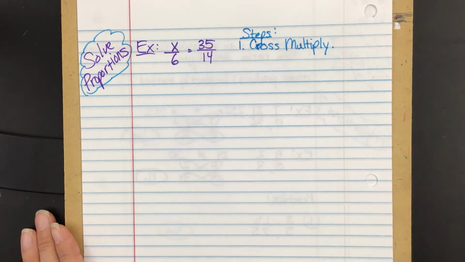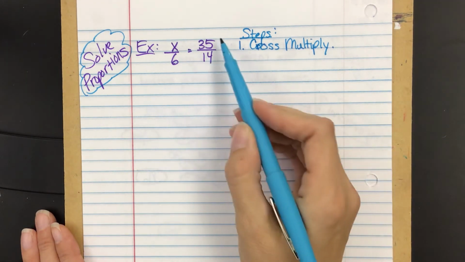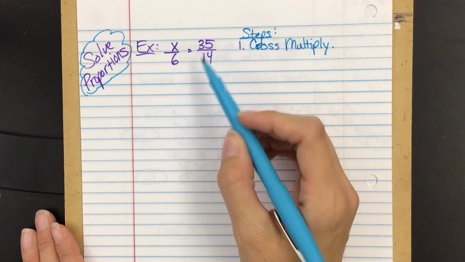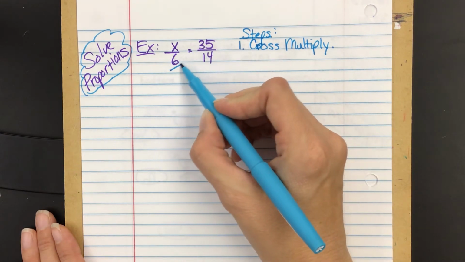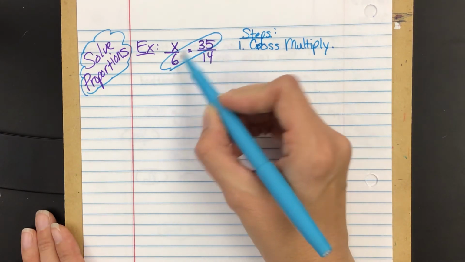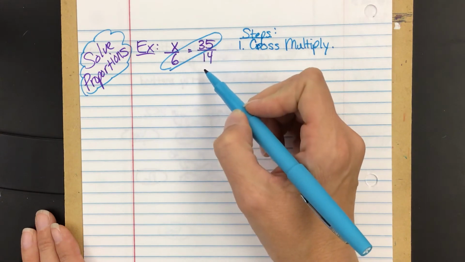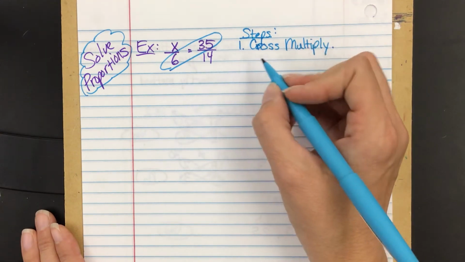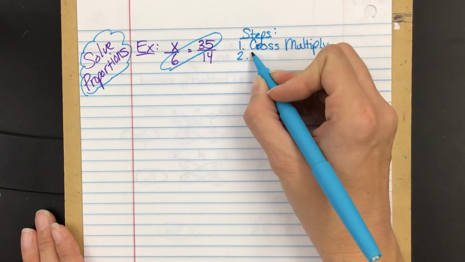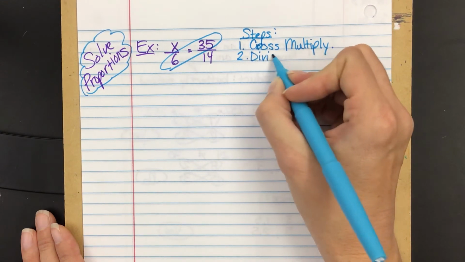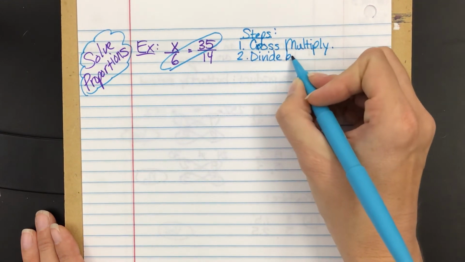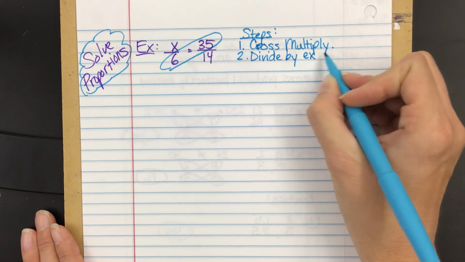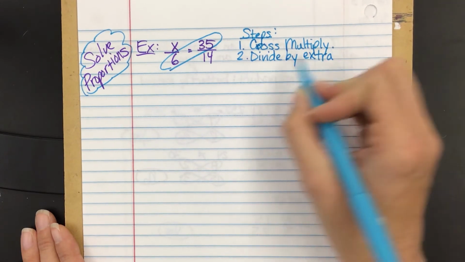And then you're going to divide by the number that you didn't use before. So if you multiply diagonally like this, then you'll divide by that number that's left out. Okay. So we're going to divide by, we'll call it the extra number.